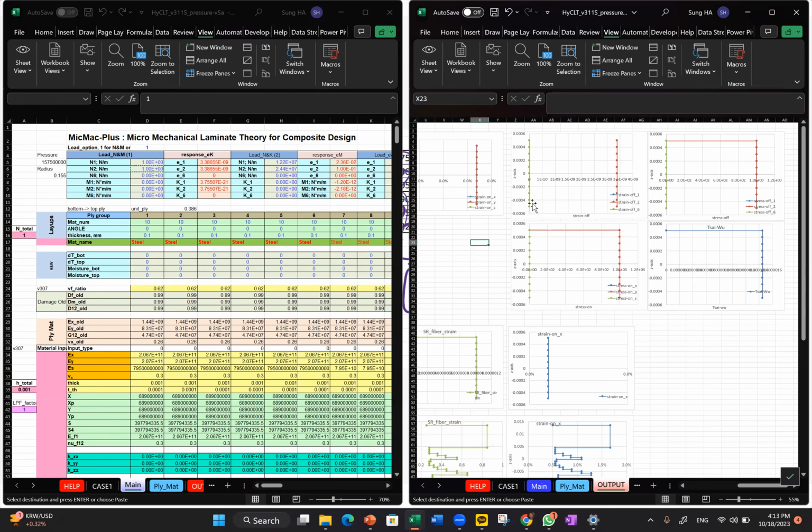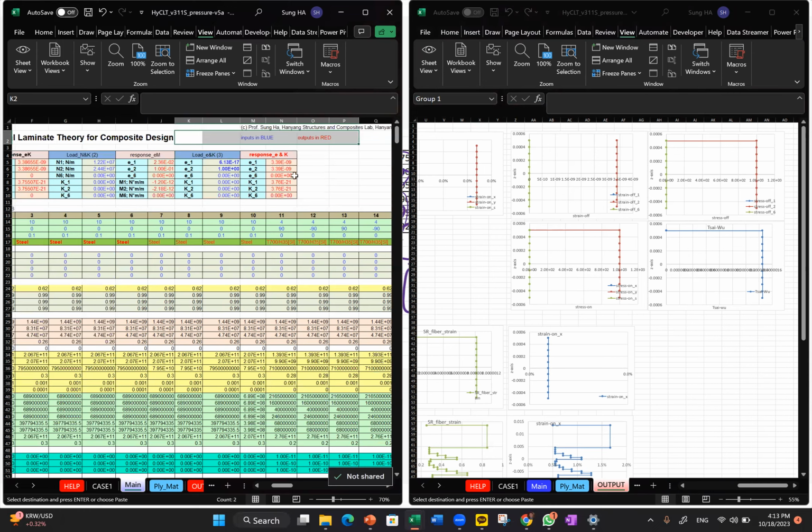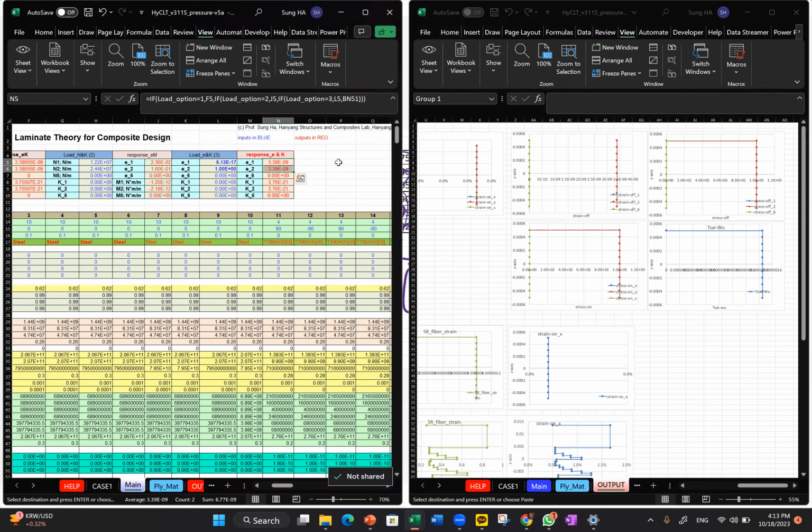So we can see each one represents a ply, okay, through the thickness, and the x-axis represents the strain. So 1, 1. Now we can see why we have this much strain. And again, this much strain represents numerically, you can see here, this is the value.